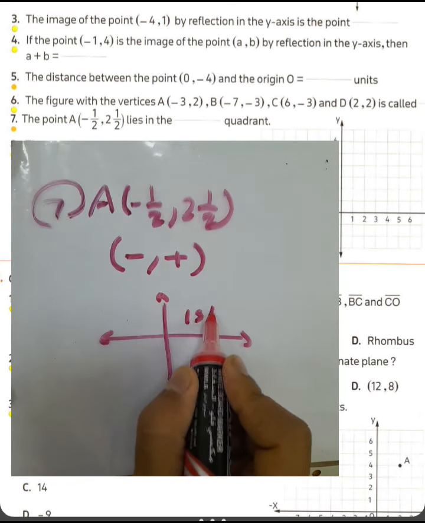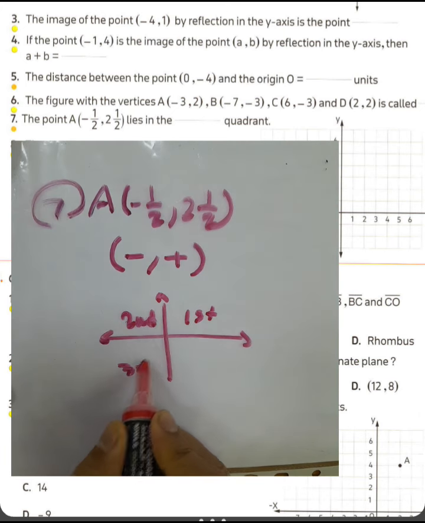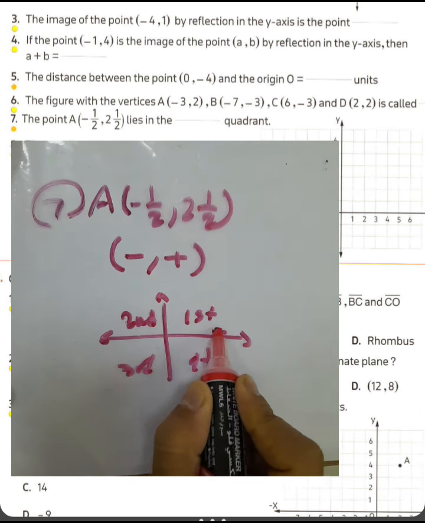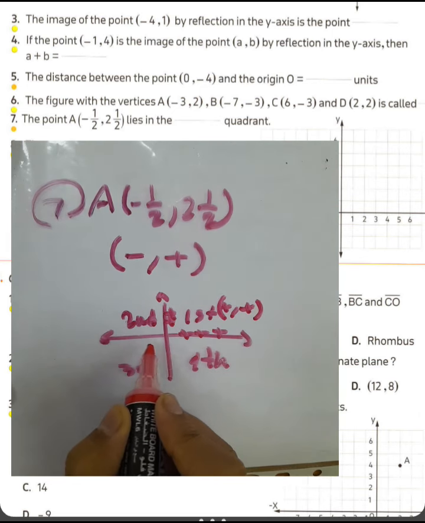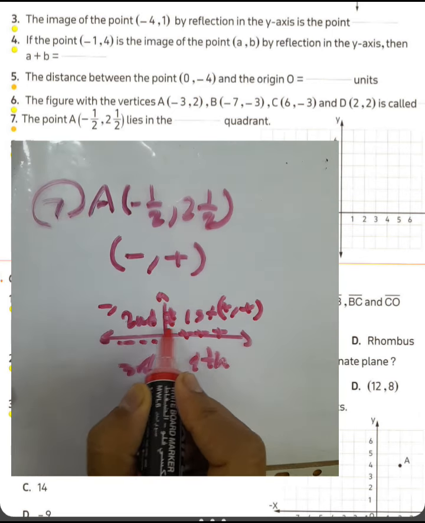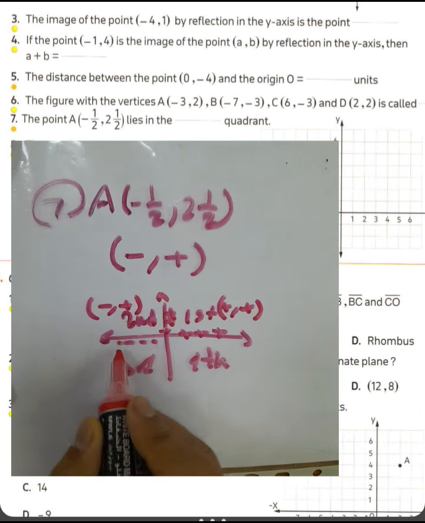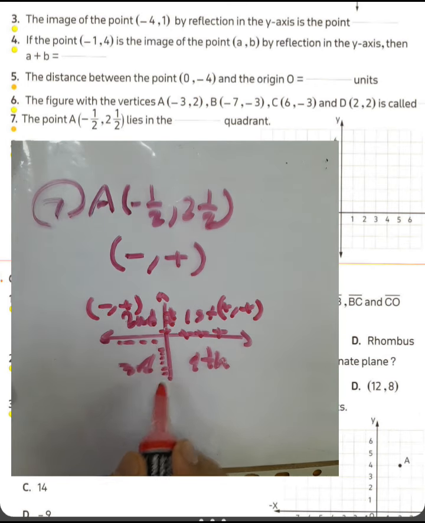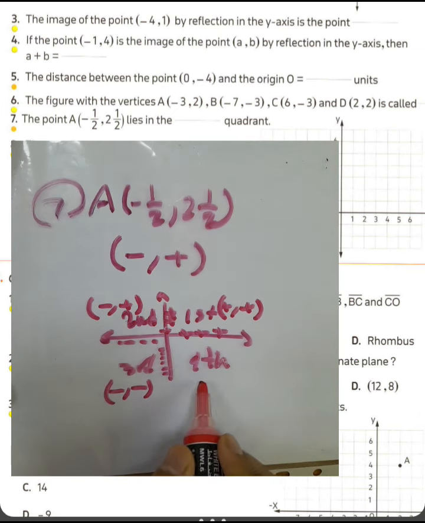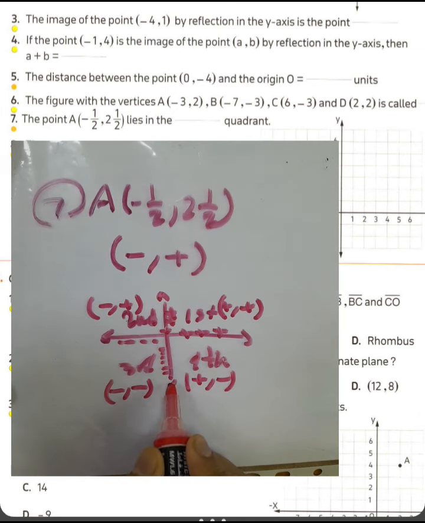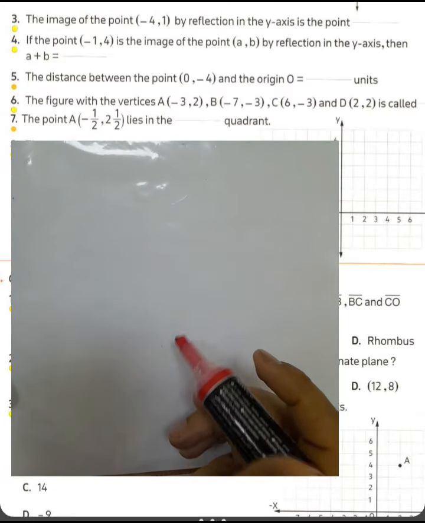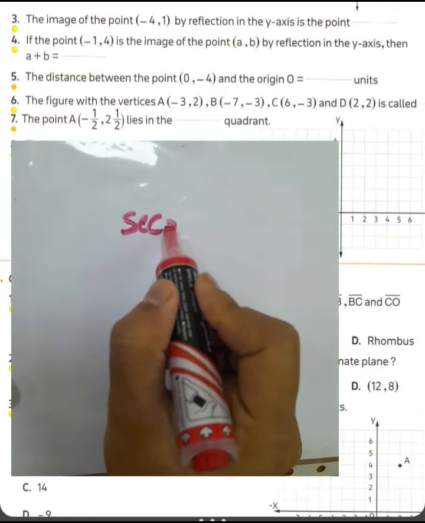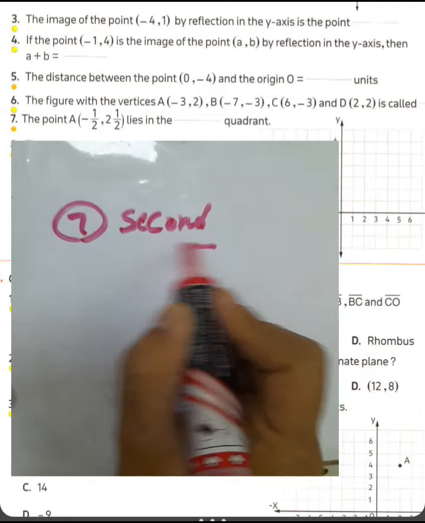Okay, first quadrant, second, third, fourth. The first is positive and positive, the second quadrant is negative and positive, the third was negative and negative, and the fourth positive and negative, both the sign of x and the sign of y. Then this point lies in the second quadrant. Question number 7: second quadrant.